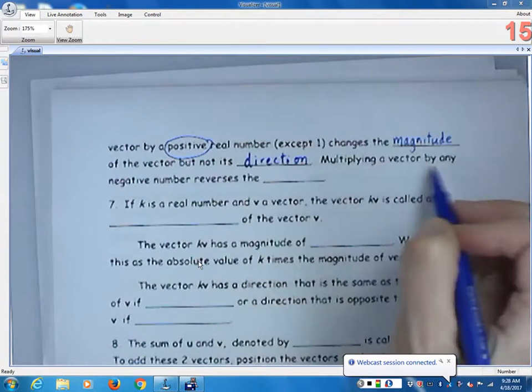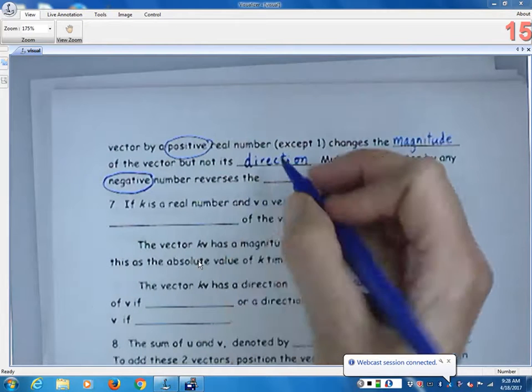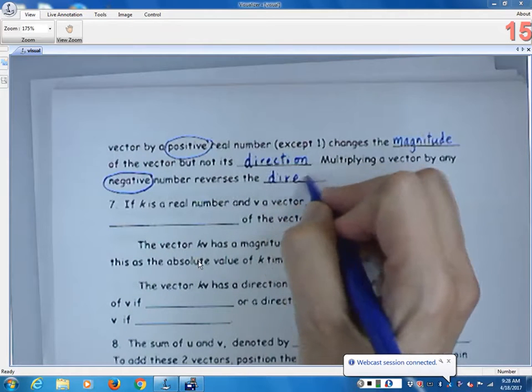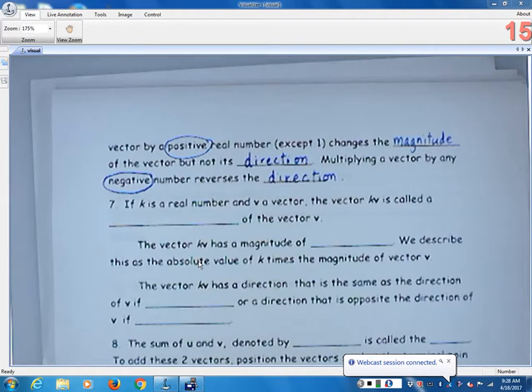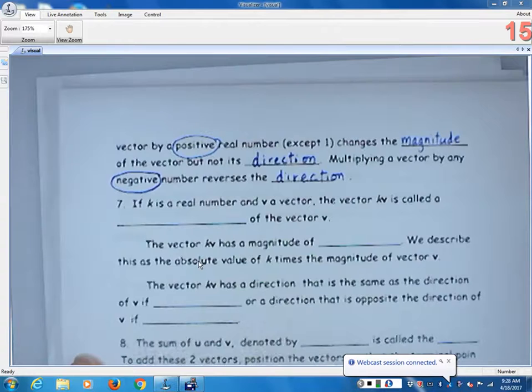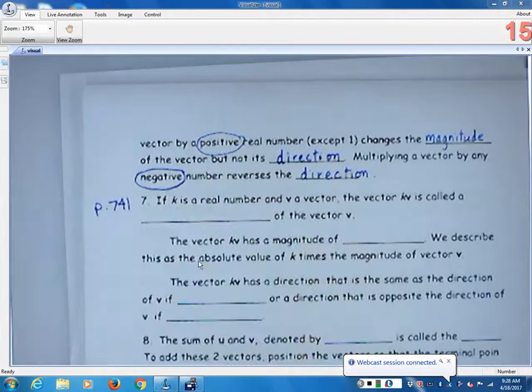Multiplying a vector by any negative number reverses the direction. And this is page 741 in your book. Okay. So more definitions.